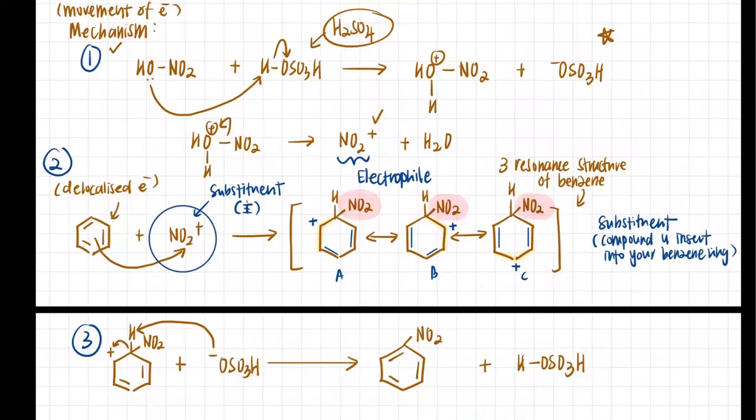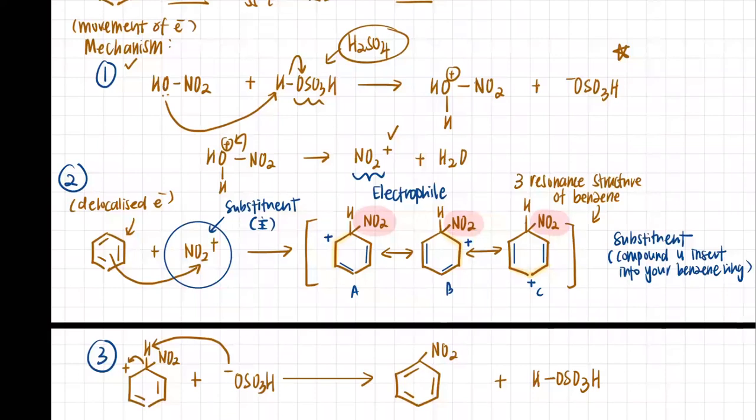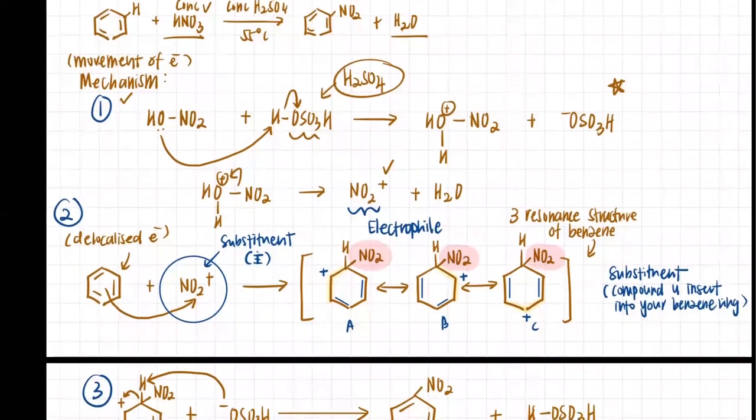Come back to this question: why does teacher prefer you to draw HOSO3H instead of writing H2SO4? Because the original structure of sulfuric acid is something like this.